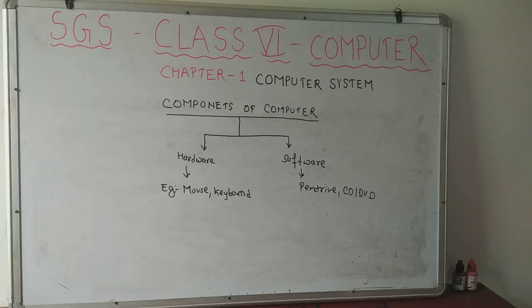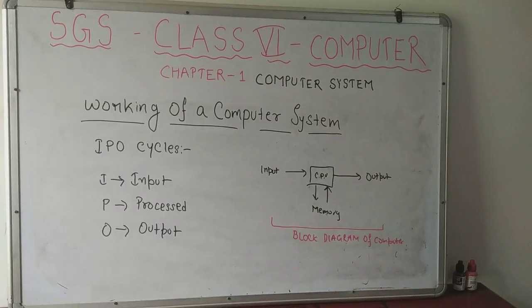Software is normally stored in hard disk, pen drive or CD/DVD. These are the components of computer. Now we move on to the next topic, working of a computer system.